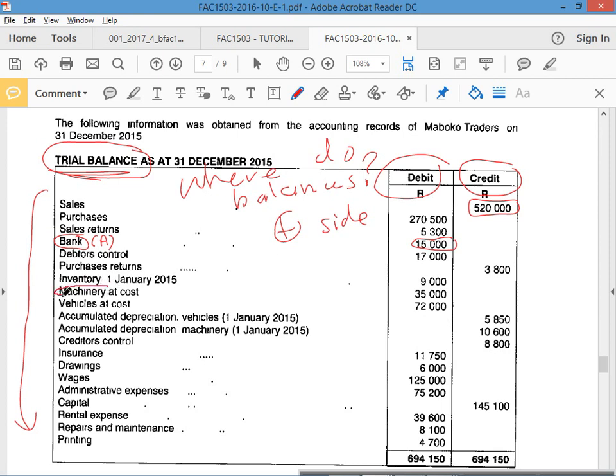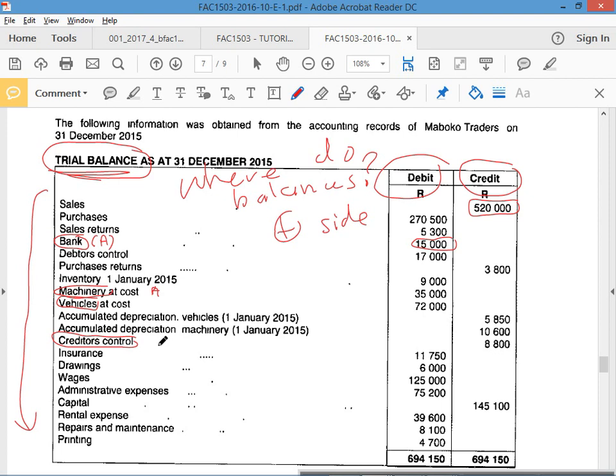Let's do another one. Machinery. What is it? Correct. Machinery is an asset because it meets the definition of a resource controlled by the business. What is a vehicle? An asset. Meets the definition of a resource controlled by the business. Creditors control. What is it?